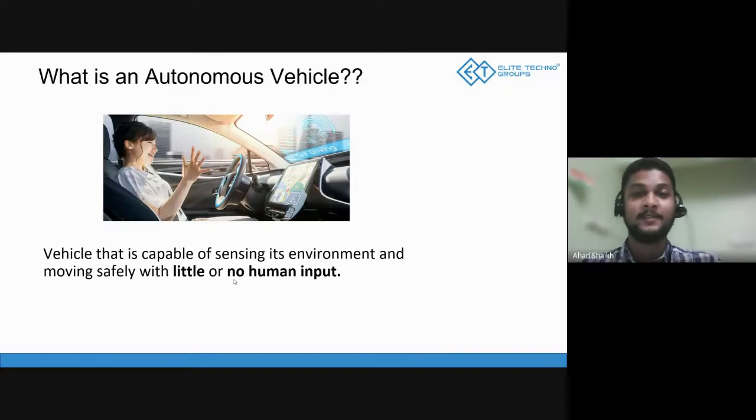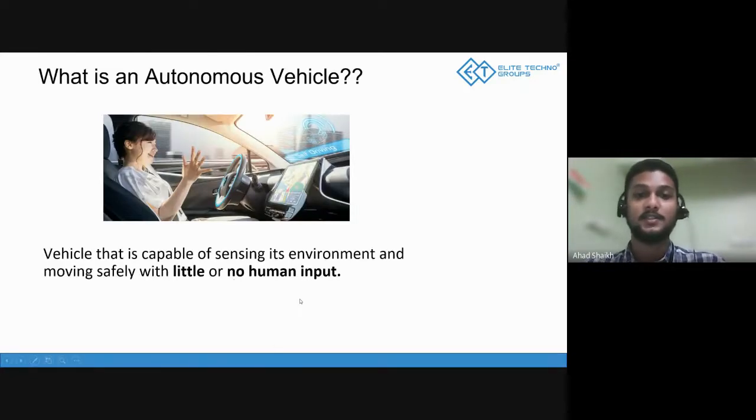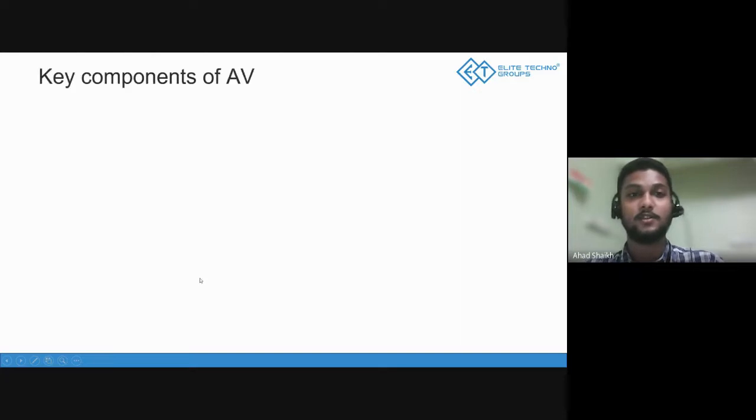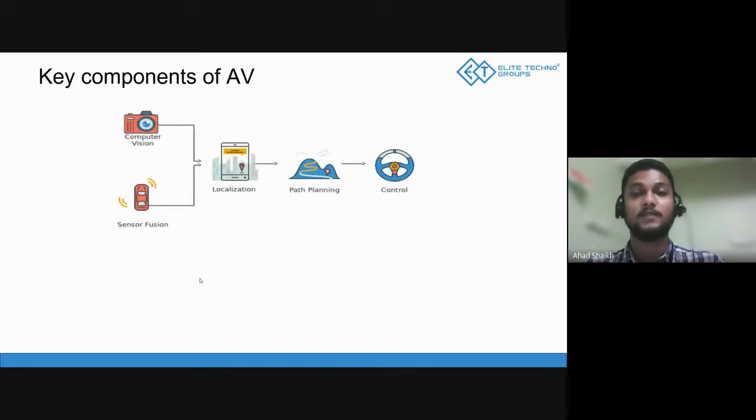Okay. So moving ahead, now we will see what the key components of it are, basically how it works and functions. As we defined in the definition, we saw three stages: sensing, then moving, and some human or non-human effort. On that basis we'll see the key components of an autonomous vehicle. With the help of the diagram, you can see the first thing is sensing.